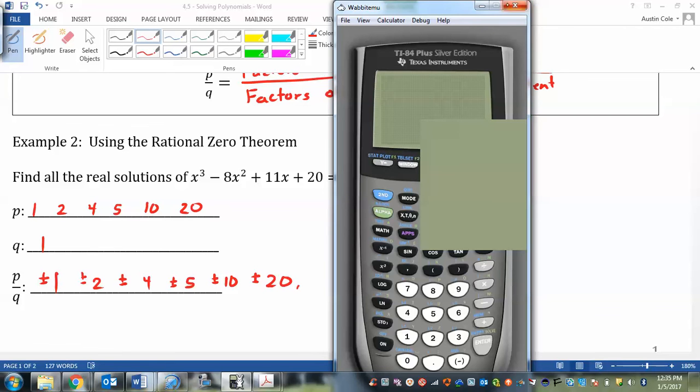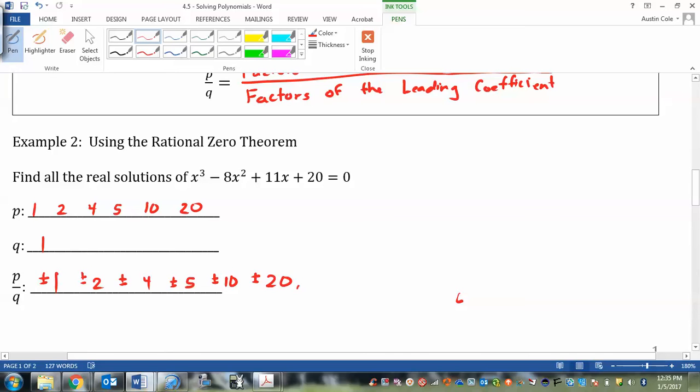I'm sorry. But I want you to graph it. So we are graphing this guy. Plug that in.